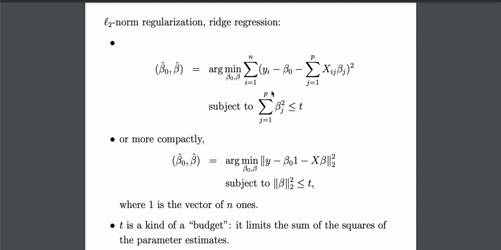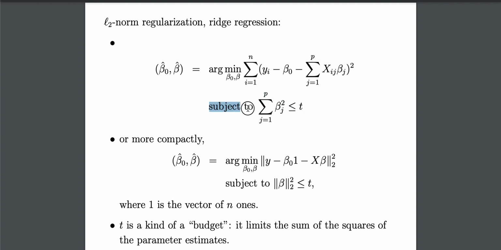live in this set. What is this set? The set of betas where the sum of squares of these betas is bounded by some t. And t is a number, a knob in our hands. Obviously, if t is very large, it's as if it doesn't exist. If t is infinity, then this constraint is redundant.